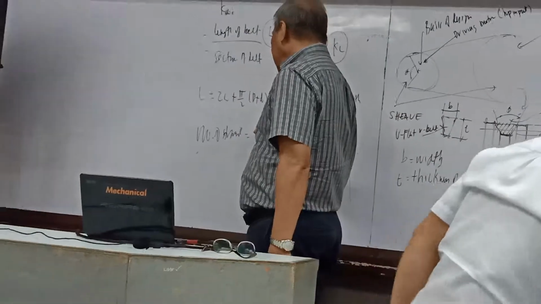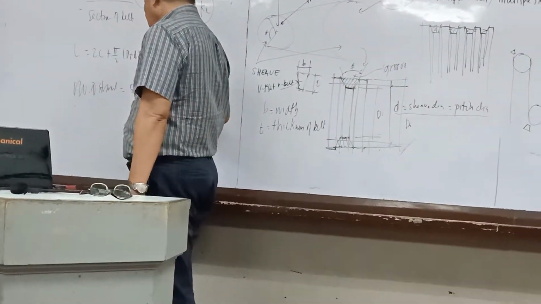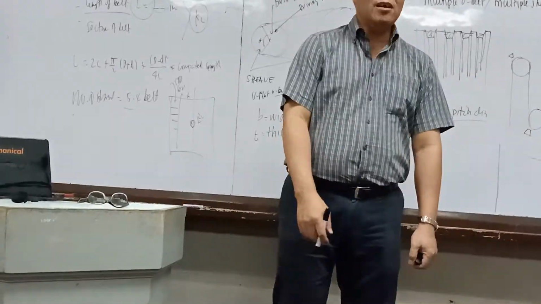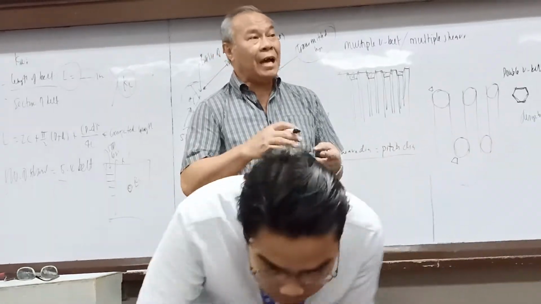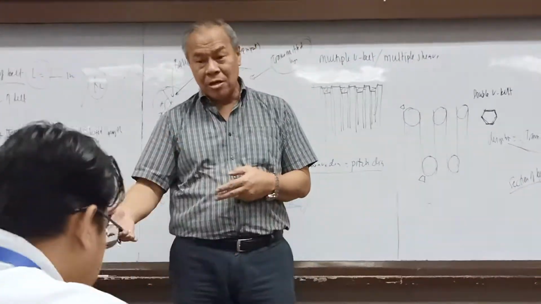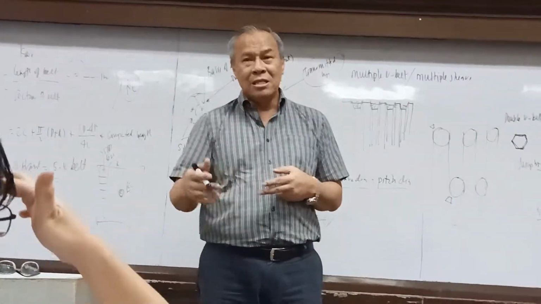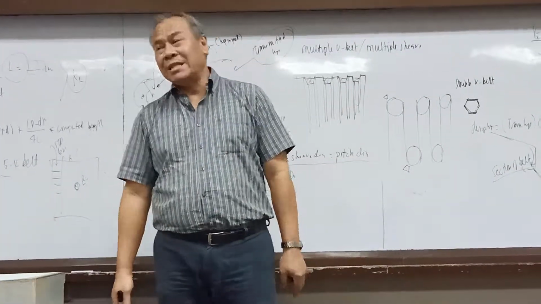Supposing ha, na-compute natin, let's say 5.4 belt. Okay, ha? Supposing lang. Assume ha? Supposing na-compute natin na number of belt is 5.4. Wala tayong 5 belt, tapos 0.4. Okay, ibig sabihin, mayroong limang buo, tapos kalahati lang yung isa. Walang gano'n, eksakto. Okay? So, pwede natin i-apply siya.